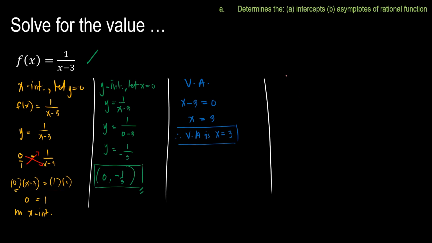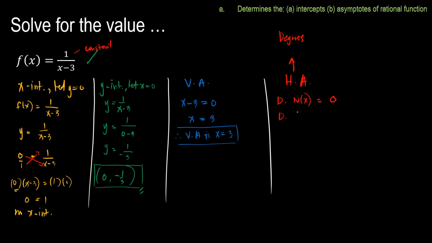Okay, next. Let's get the horizontal asymptote. So horizontal asymptote, we are after the degrees. Since the degree of the numerator is equal to 0, since it is constant, so therefore, ang degree niya ay 0.